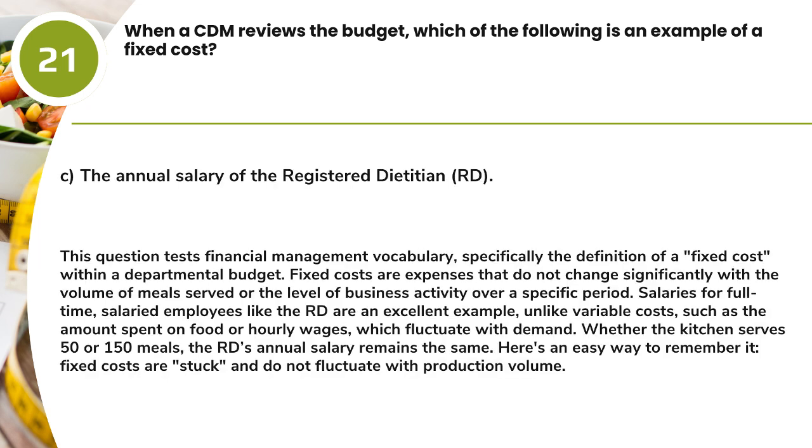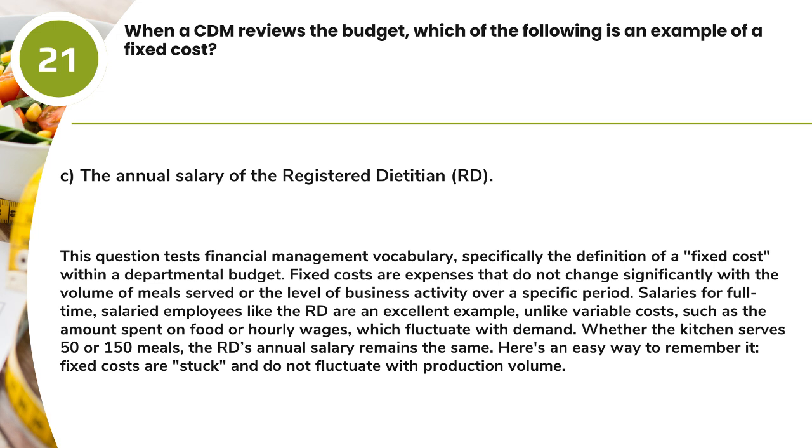Answer C. The annual salary of the registered dietitian, RD. This question tests financial management vocabulary, specifically the definition of a fixed cost within a departmental budget. Fixed costs are expenses that do not change significantly with the volume of meals served or the level of business activity over a specific period.